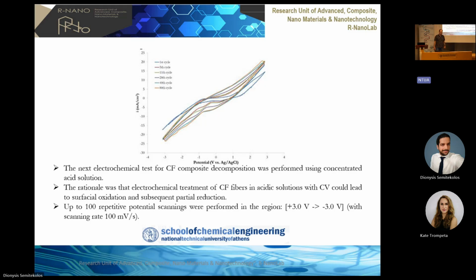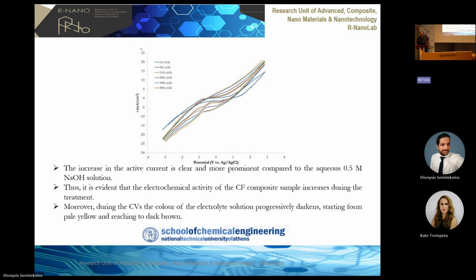We know that their surface changes. You can see here that we managed to increase the active current considerably, and it's more dominant than in the basic solution. So it's evident that the electrochemical activity of the carbon fiber composite increases during this treatment.